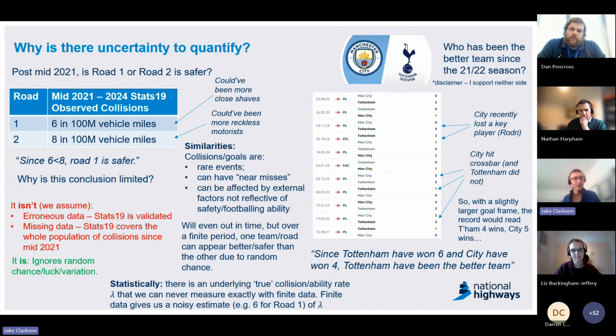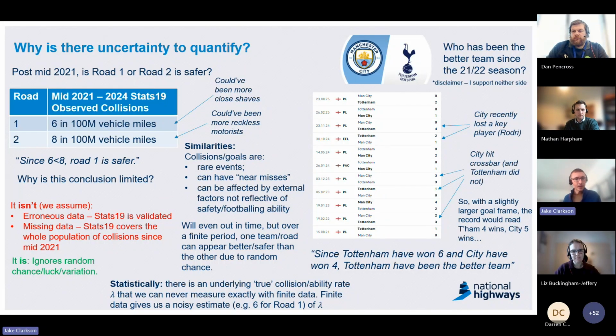And we can have the same thing in the safety example, maybe with close shaves where two vehicles nearly hit each other, but one manages to swerve out of the way. And there could have been a lot more of these close shaves on Road 1, for example. Now, what these near misses mean is that safety or footballing ability is not always either rewarded or punished in the data, because a near miss doesn't show up in the data.